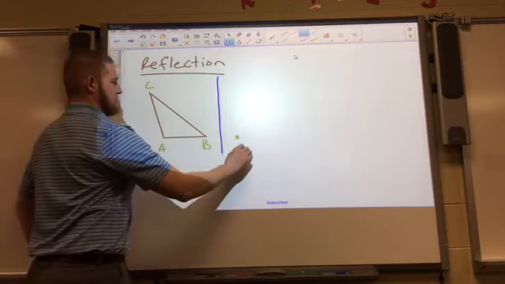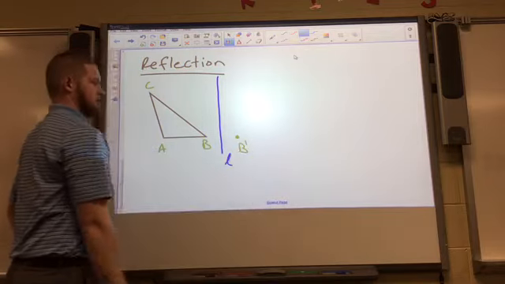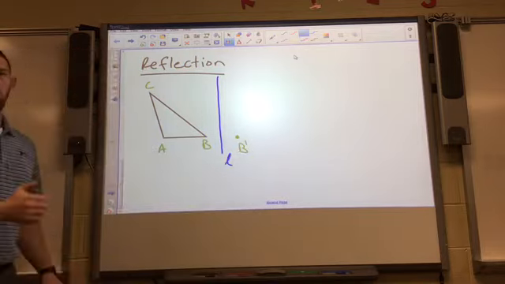I moved it, but it's still based off of B. So that's going to be what we call B prime. Anytime you have a prime marker, that means it came second, or third, or fourth, but it wasn't first. Okay, so which one of these is the pre-image? B, and then the image is B prime.